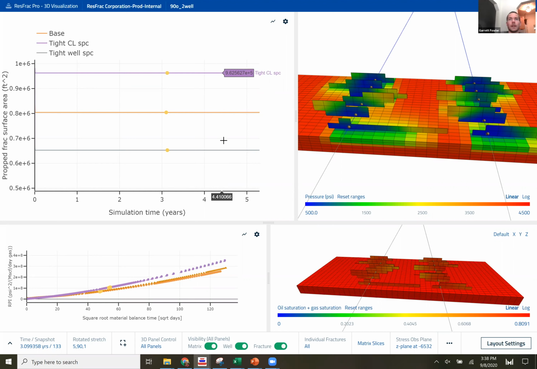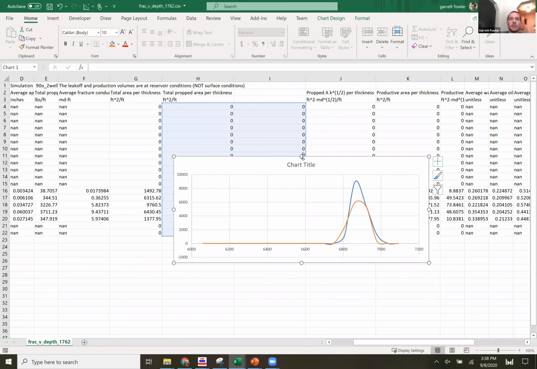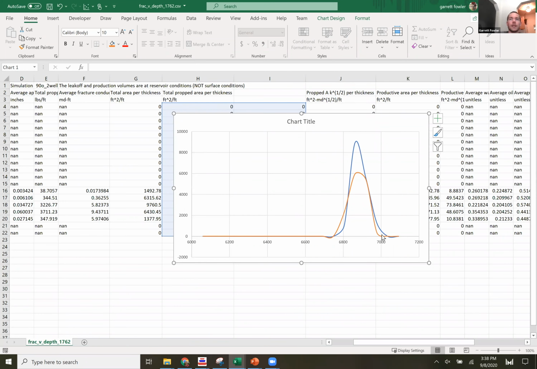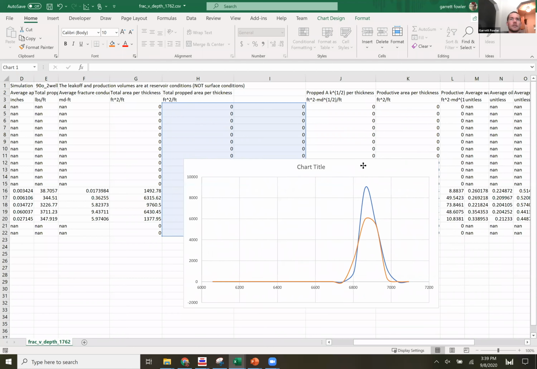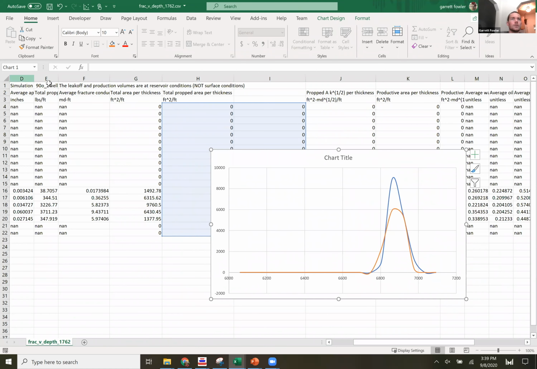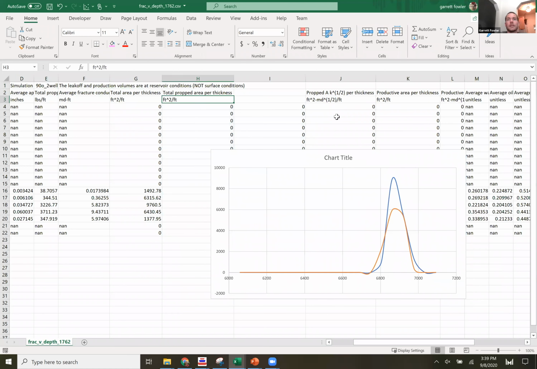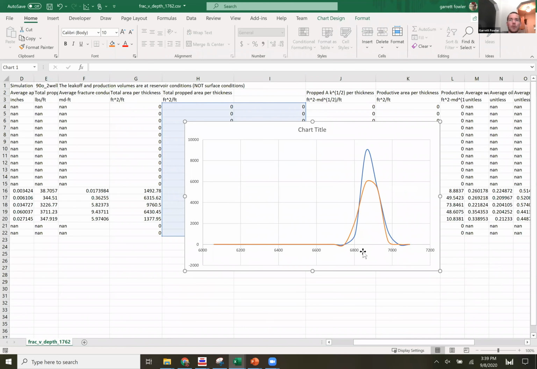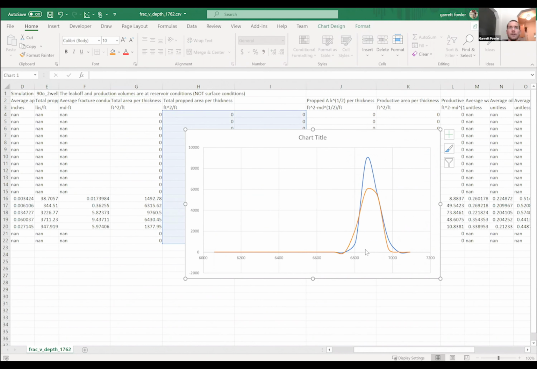But then, between comparing that as well as using the raw results, you can see where that difference in fracture area may be occurring. So in this case, it looks like we're getting longer fractures at that 6,900 depth in the tight cluster spacing. So probably not longer fractures, but we have more fractures located at that 6,900 foot depth.